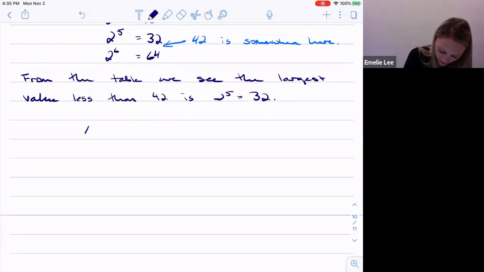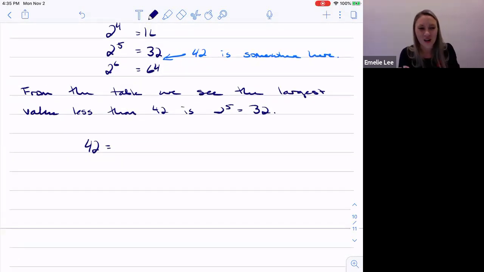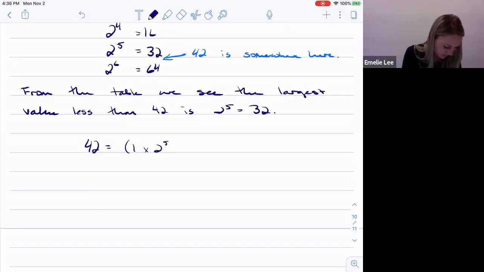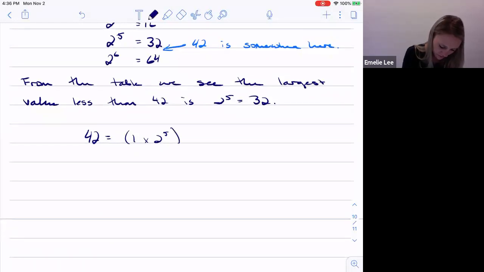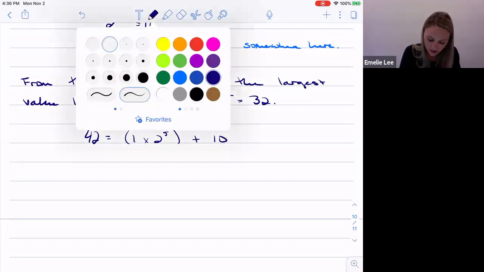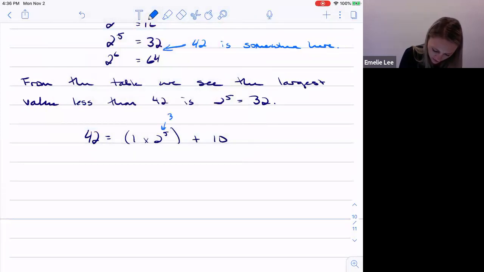So we can write 42 as one group of 2 to the power of 5. So we get 1 times 2 to the power of 5 plus 10. Here, this is 32, and 32 plus 10 is going to be 42.